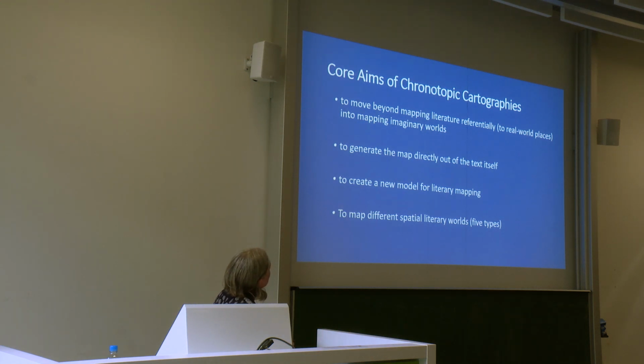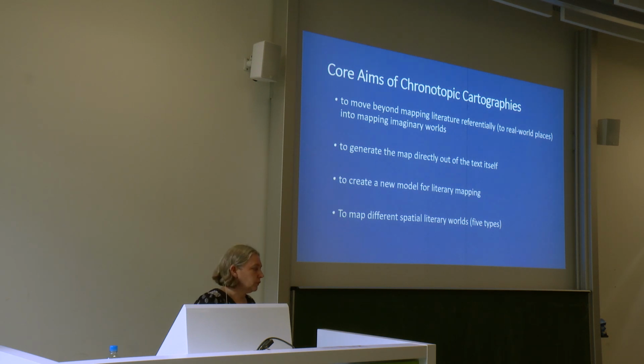So the core problem, if you like, or the core issue that we were addressing in the project was how to move beyond thinking about literary mapping as only or always mapping onto the real. So prior to this project, in the world, all the well-known literary mapping models always mapped referentially. They always mapped to the real world.